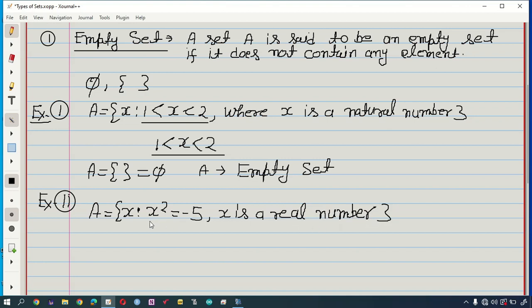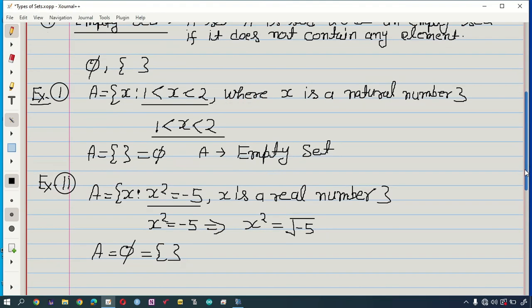So here you can see, x square is equal to -5. This will imply x is equal to under root -5. And you know that a number with a negative sign under the root cannot belong to the real numbers. So again A will be empty. This is another example of an empty set.